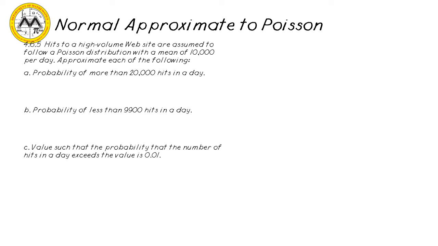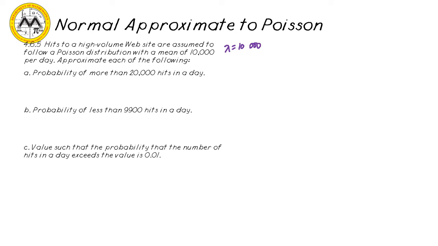Okay, so next. Hits to a high volume site are assumed to follow a Poisson distribution with a mean of 10,000. Approximate the following: the probability of more than 20,000 hits in a day. So more than, so it's not included, so it would be 20,000.5.